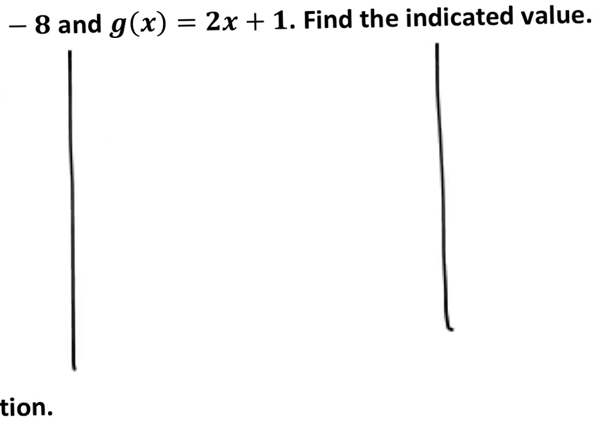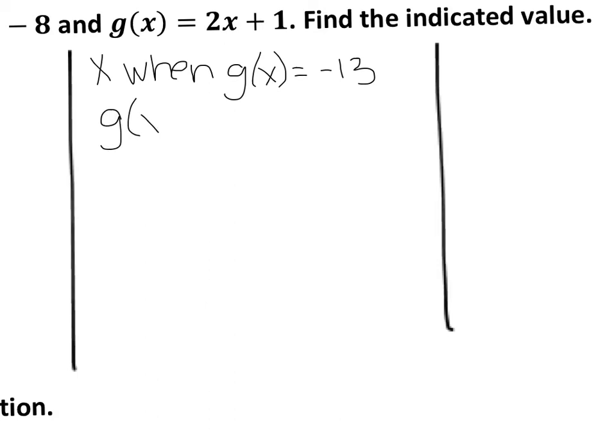Okay, well, what if we want to go the opposite way? And this time I want to find out what x is when g of x equals negative 13. Okay, this time, look, I'm talking about g of x, so I need to use this second equation here. So let's rewrite this equation. I know g of x equals 2x plus 1. Now this time I'm looking for x, and I know what g of x is.